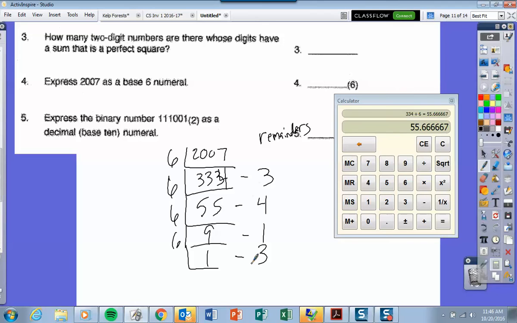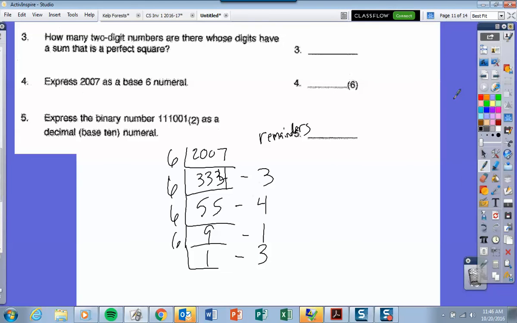And I'm going to take these numbers right here and put that as my base 6. 13,143 base 6.